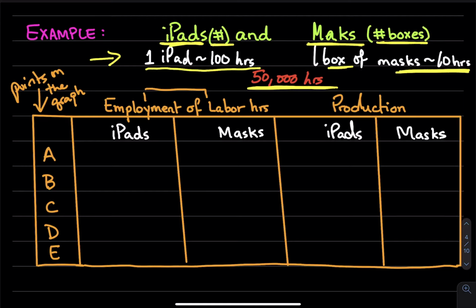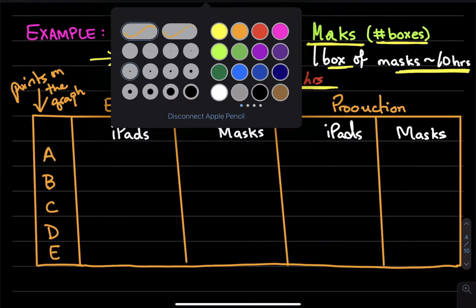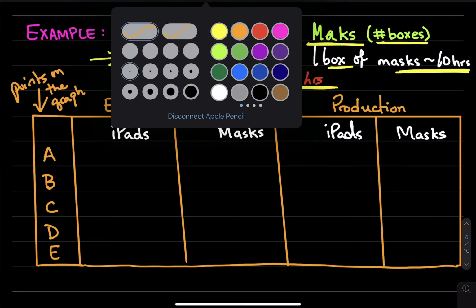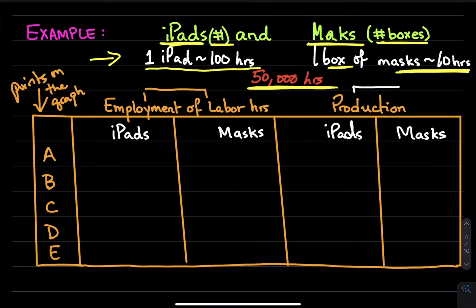Okay, so how are we employing or allocating those labor hours? How are we splitting that 50,000 hours? And the last two columns right here represent what we actually produce in terms of number of iPads and number of boxes of masks given those hours.